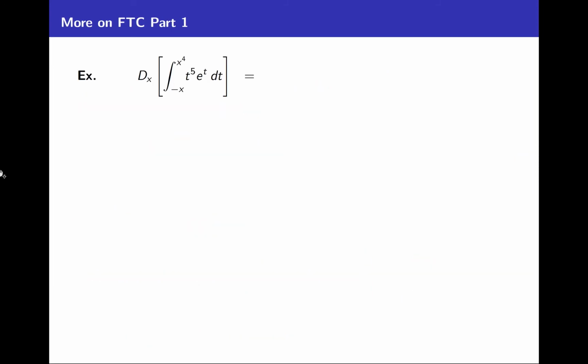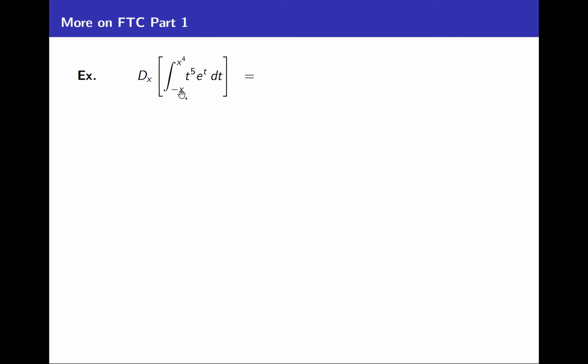One final example. The derivative of the integral from minus x to x to the fourth of t to the fifth e to the t dt. What are we to make of this? Neither limit of integration is a constant, which is what we would need to apply part 1 of the fundamental theorem.